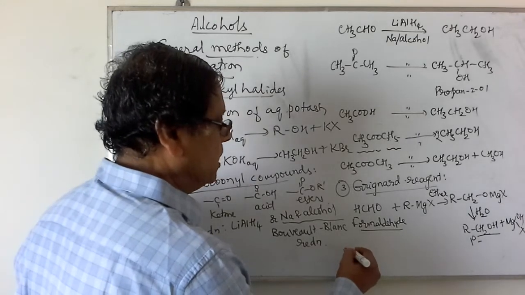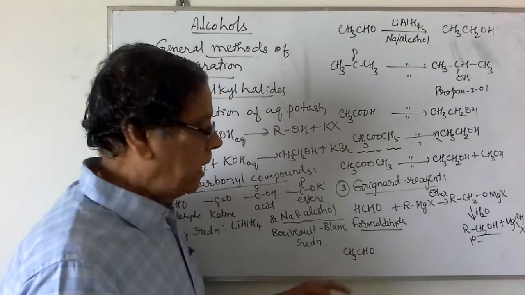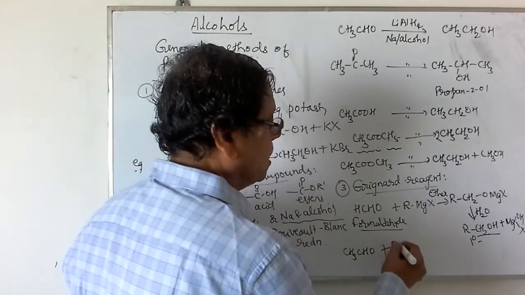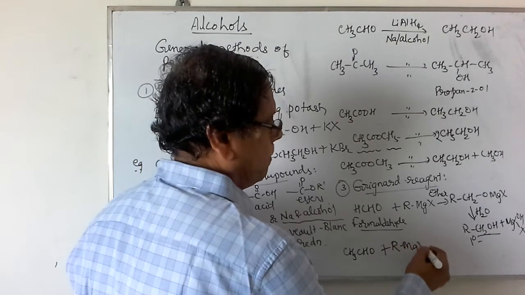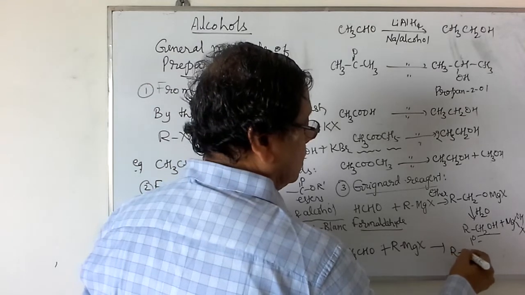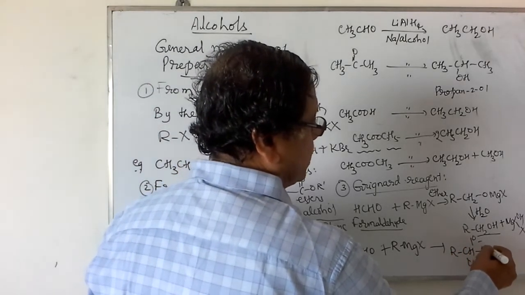Suppose I take CH3CHO, or any other aldehyde like acetaldehyde, propionaldehyde, etc. If you treat this with RMgX, it will give rise to RCH(CH3)OMgX.